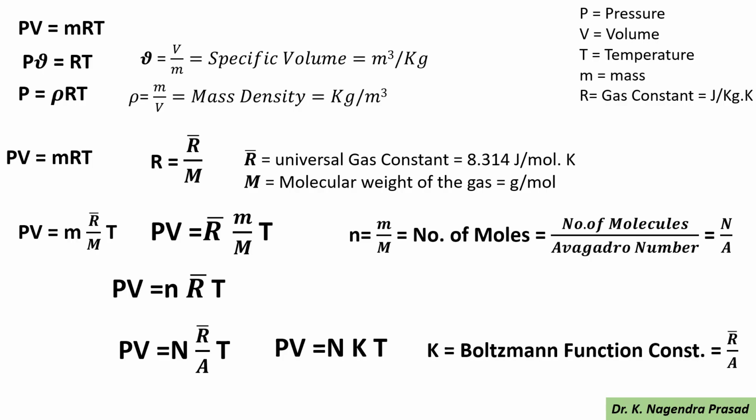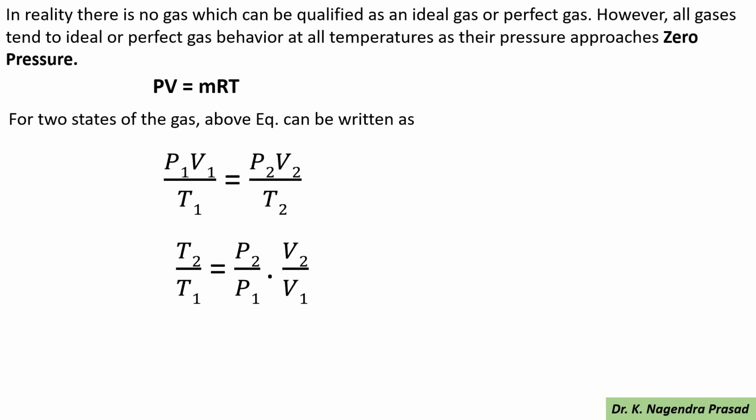Here k is the Boltzmann constant, which is equal to R bar divided by capital A. In reality, there is no gas which can be qualified as an ideal gas or perfect gas. However, all gases tend to ideal or perfect gas behavior at all temperatures as their pressure approaches zero pressure.